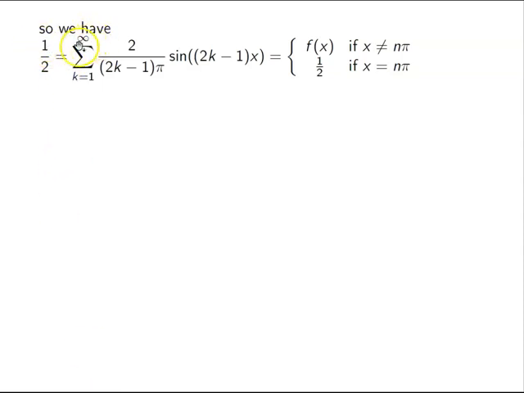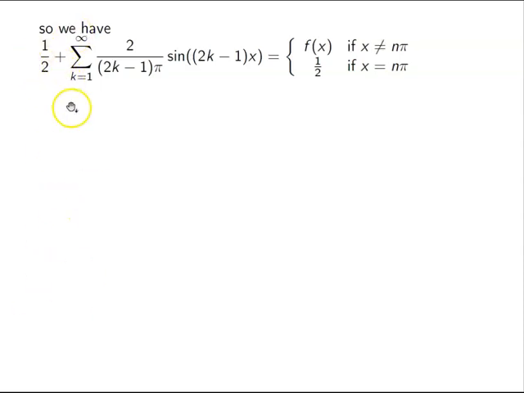So we have 1/2, this should be a plus. Okay, that's better. So we have 1/2 plus the sum from k to infinity of 2 over odd numbers times pi times sine of the same odd number times x, which is going to be equal to f of x if x is not a constant multiple of pi, and it will be 1/2 if x is equal to a constant multiple of pi.